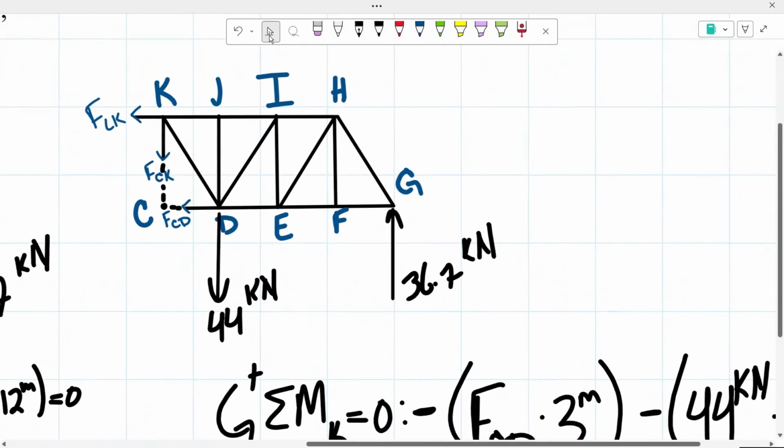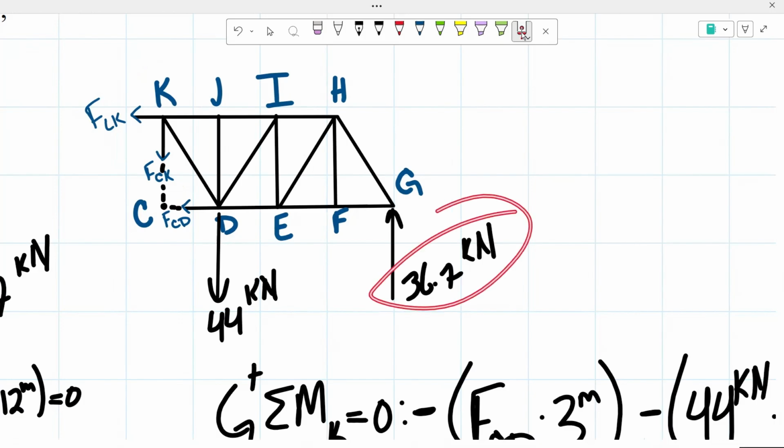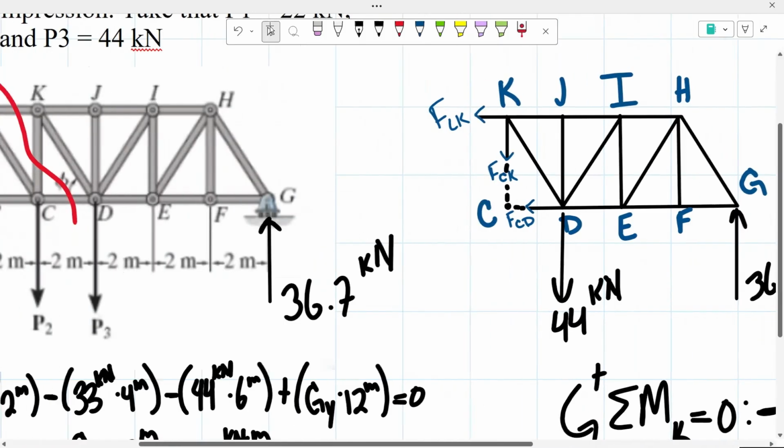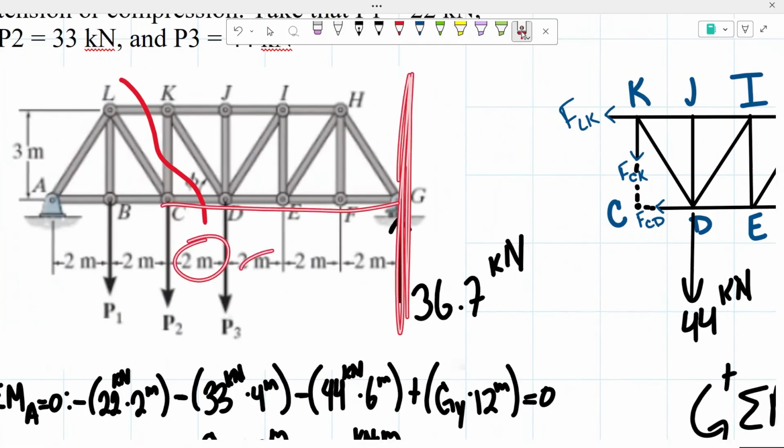And then from there, we have our reaction, which is going upwards. So this one is going to be creating a counterclockwise moment, meaning a positive moment, with a force of 36.7 kilonewtons and a distance of, our K is right here, our reaction is right here, so we have a total distance of 8 meters.